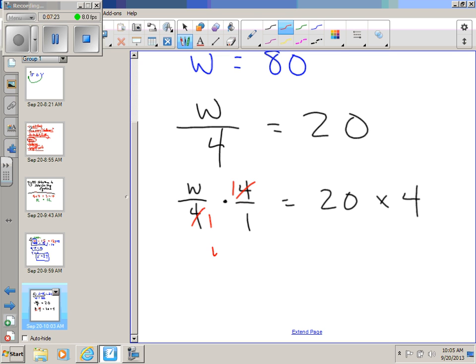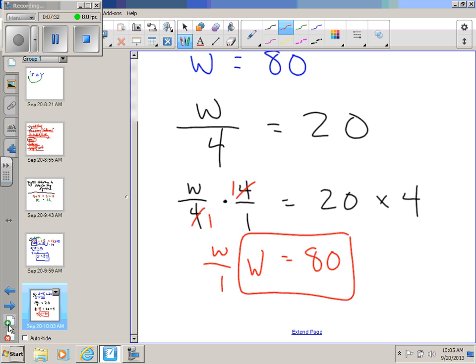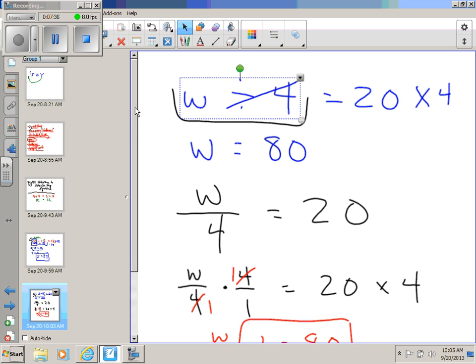W. W over 1 is the same as saying W, right? And that would equal 80. Plug it in to our original. 80 divided by 4 is 20. Okay, doing the opposite.